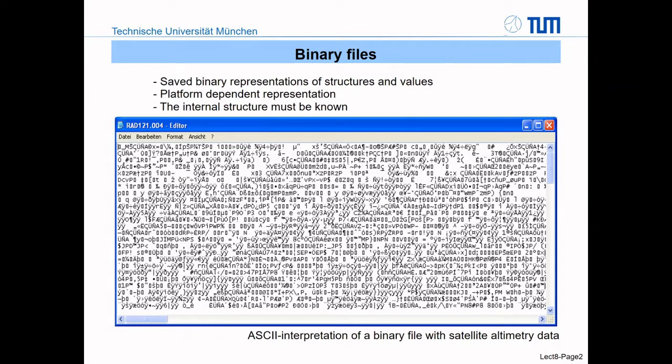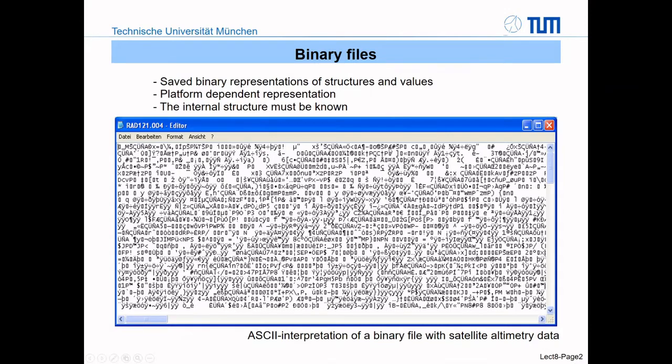And therefore, you have the situation that you have to know the structure, the format of this file. And this means it's a really dense, a really small file, but it's not so nice, handleable or manageable.